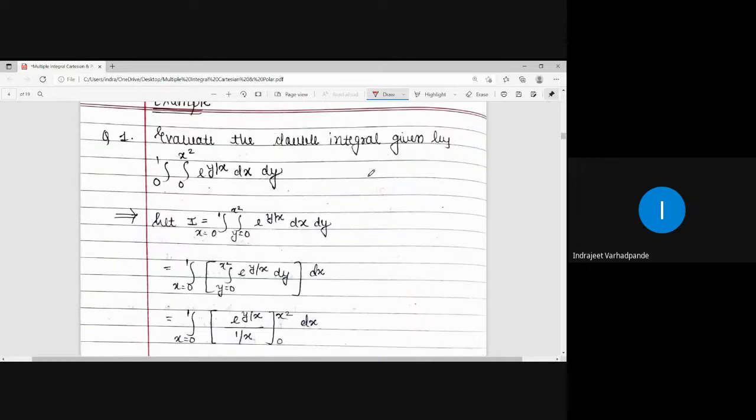Now, first example: evaluate the double integral given by integral 0 to 1, integral 0 to x square, e to the power y by x, whole dx dy. So our integrand is e to the power y by x. Integration is done with respect to x as well as y.